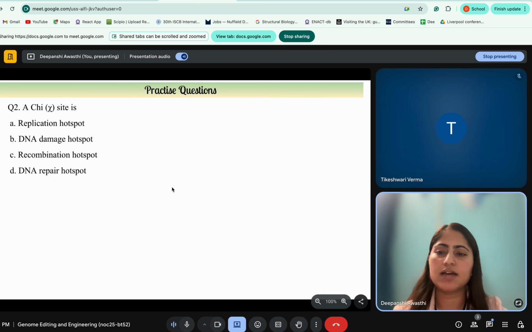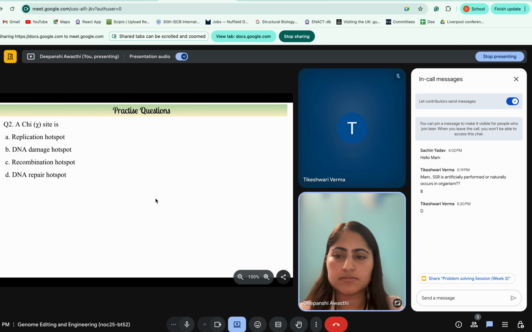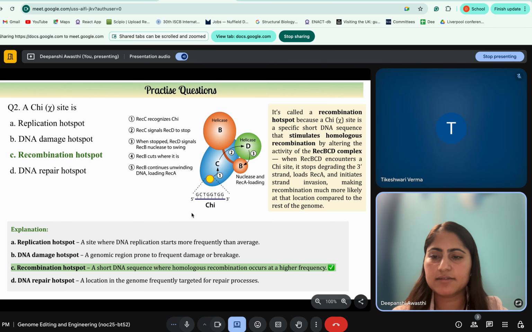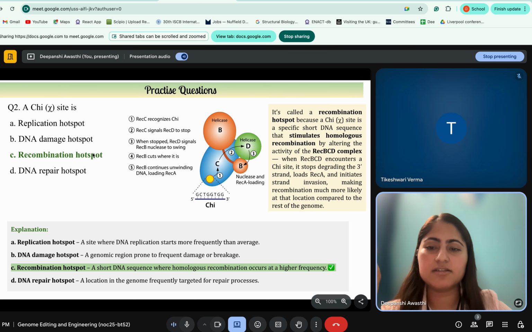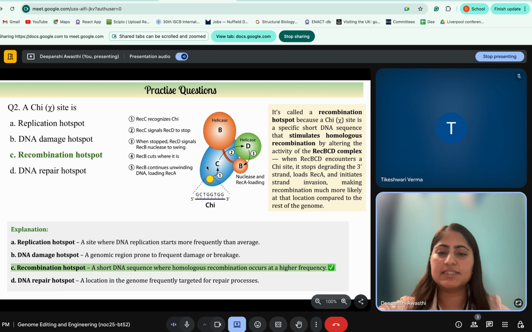Now the next question is, a Chi site is: option A, replication hotspot. Option B, DNA damage hotspot. Option C, recombination hotspot. And option D is DNA repair hotspot. Okay, so the right option is option C, recombination hotspot, because when we were talking about RecBCD in prokaryotes, we mentioned that it recognizes the damaged site and moves until the Chi site is reached.